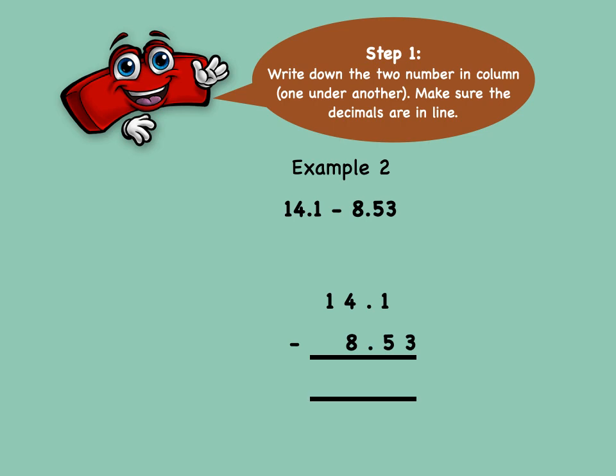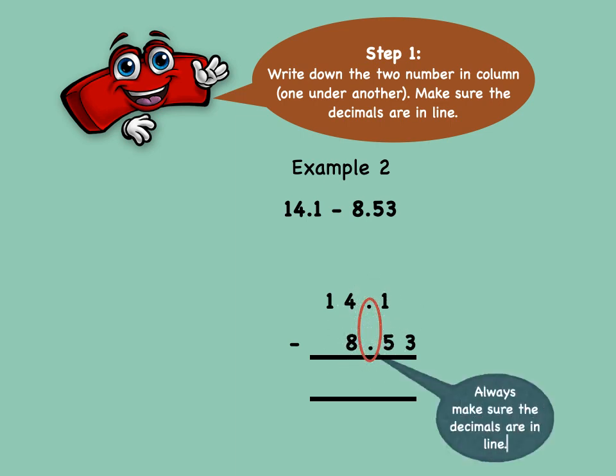Okay, this is how your working should look. You see that they are not the same length, isn't it? And you can see here, the decimals are always in line. This is what it means that they are not the same length. Here you have 1 decimal place, here you have 2 decimal places. So this brings you to the next step.